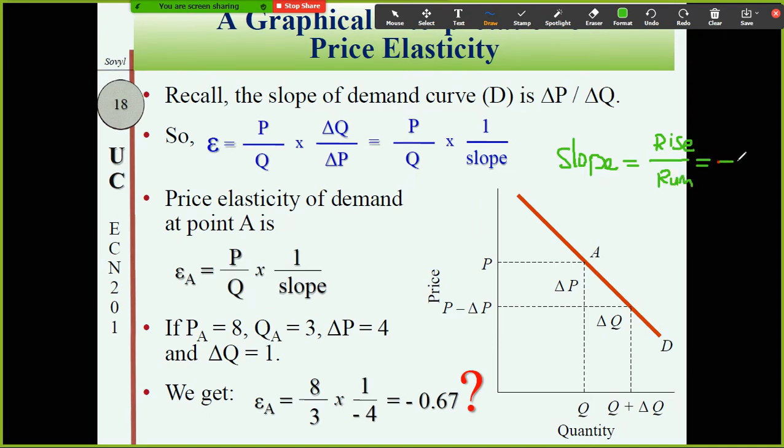What is rise? The change in vertical. At that time it was change in Y, but now we don't have Y, we have P. Run is the change in horizontal. At that time we called it X, but now we don't have X, we have Q.